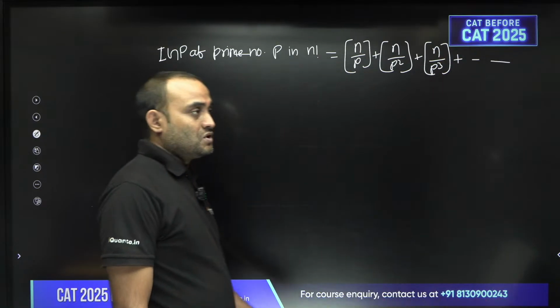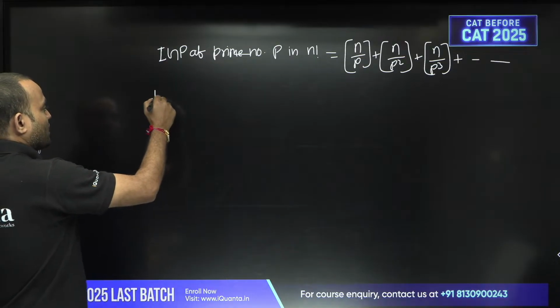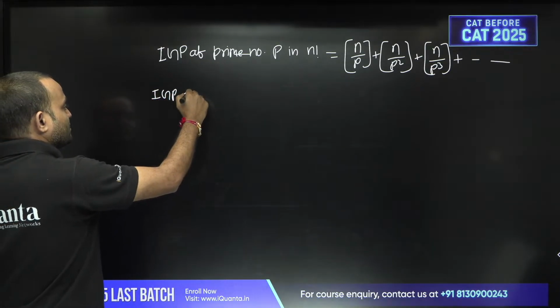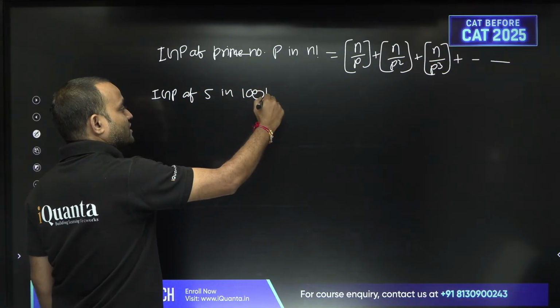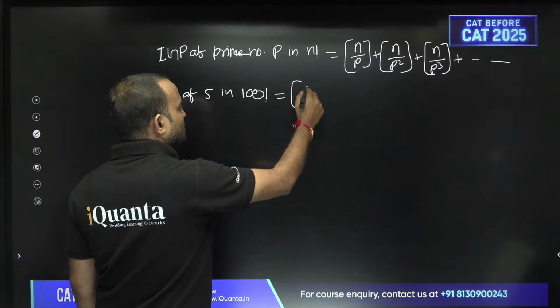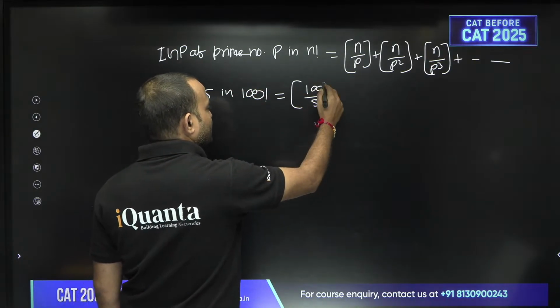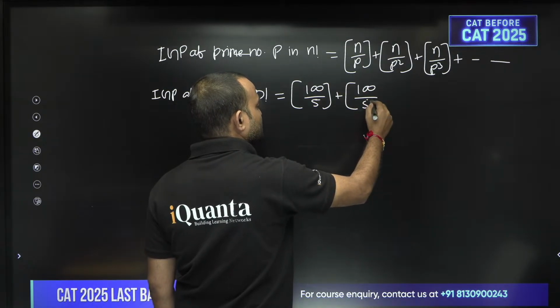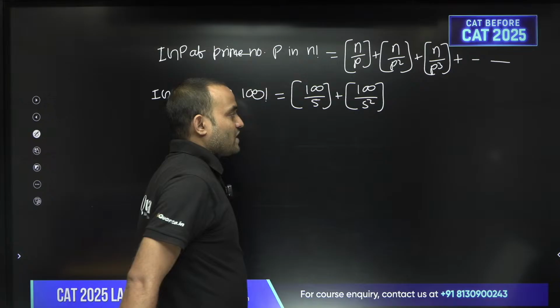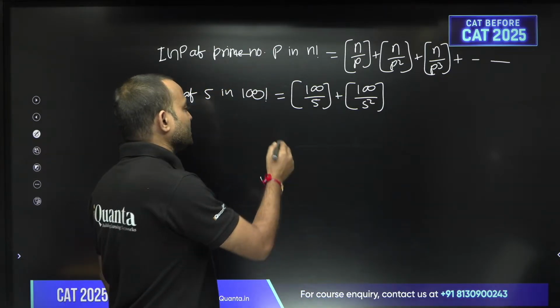Okay. So, if I want to find the IGP of 5 in 100 factorial, this will be equal to 100 upon 5 plus 100 upon 5 square. Now, if you take further, 5 cube is greater than 100, so we do not need to take it.